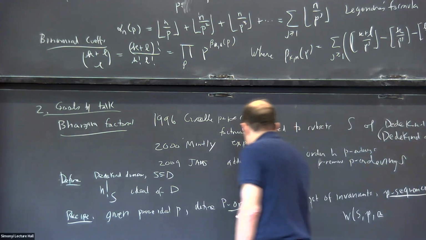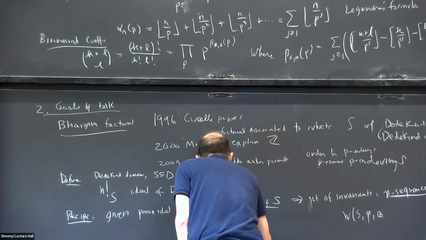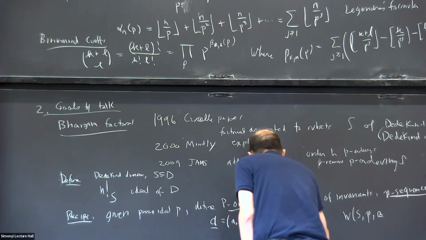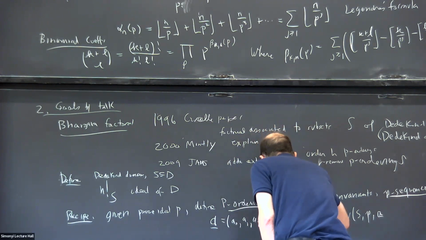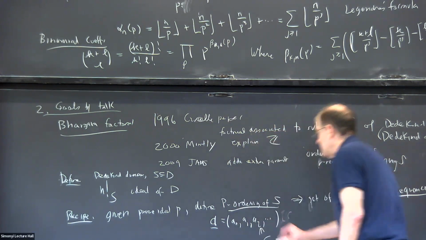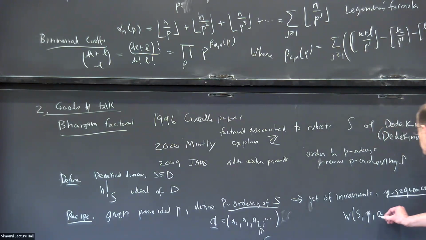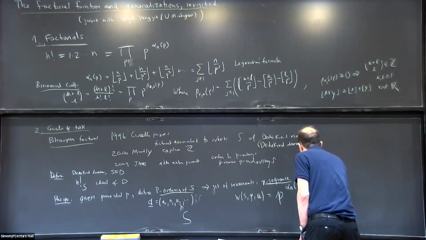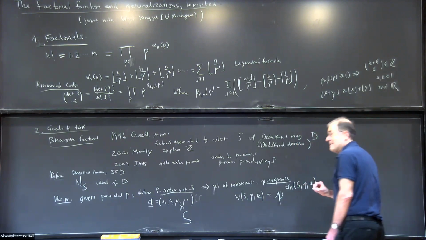So there's a P-ordering a, and it will be a naught, a1, a2, which will be elements of S. So that's your P-ordering, and then you will define a thing which will be the prime raised to the power. So we're going to have an a sub n of S, P, a.